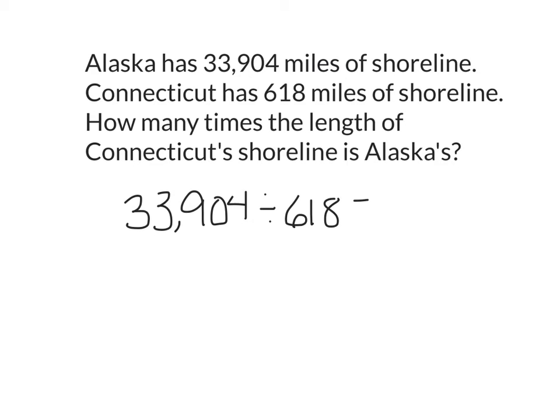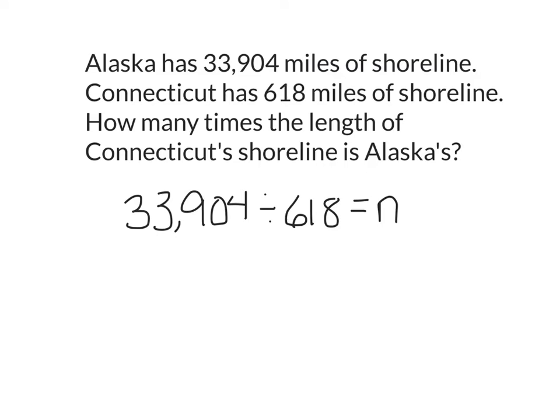33,904 divided by 618 equals n. We can first estimate this problem by using compatible numbers that we learned about in the last lesson. If we take a look at this 33 and this 6, I know in my head 6 goes into 30 evenly.